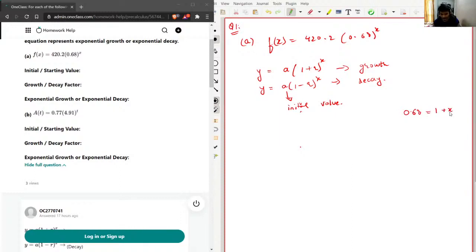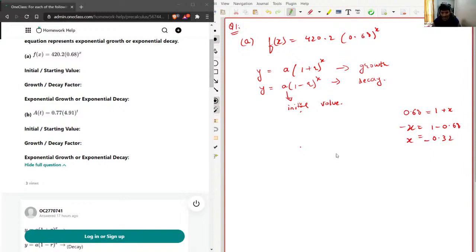Then I'll take x on this side, and bring 0.68 on the other side, so negative x equals 1 minus 0.68, which is 0.32. This means x will be minus 0.32.